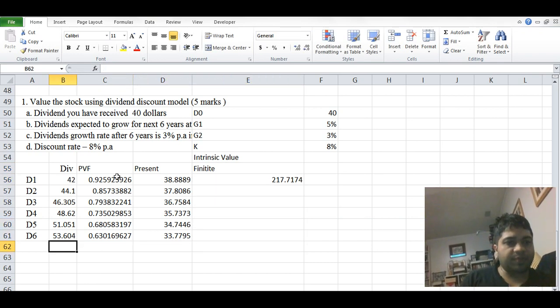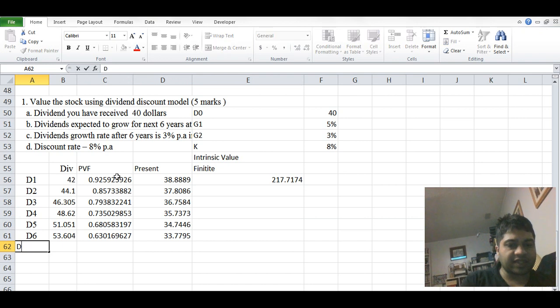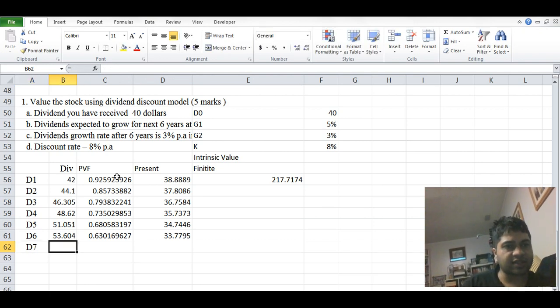Now for infinite period, we require D7, the first dividend that you get when the infinite period starts. Now D7 is previous dividend which grows at G2, that is 3%. So this is D7, D6, or the last dividend in finite period, growing at G2.